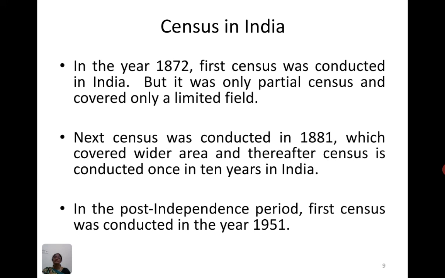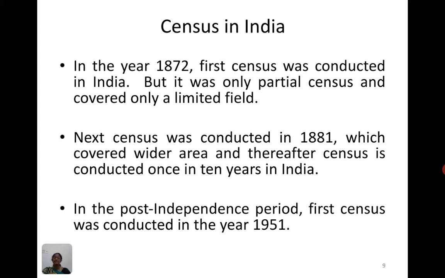Now let's see about census in India. In the year 1872, first census was conducted in India, but it was only partial census and covered only a limited field. Next census was held in the year 1881 and this covered a wider area, and from then on, once in 10 years, census is conducted in India.